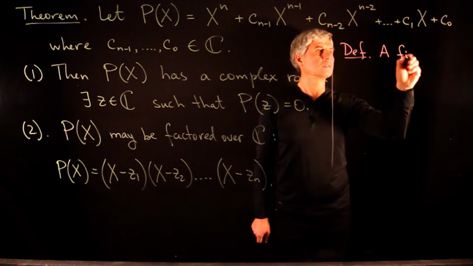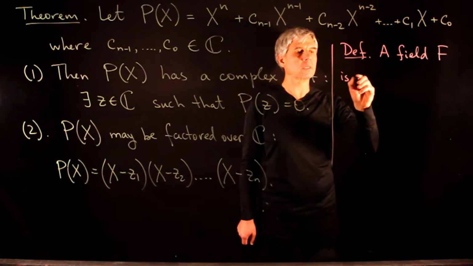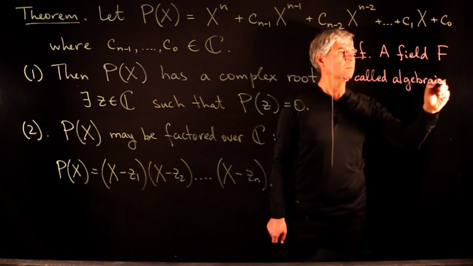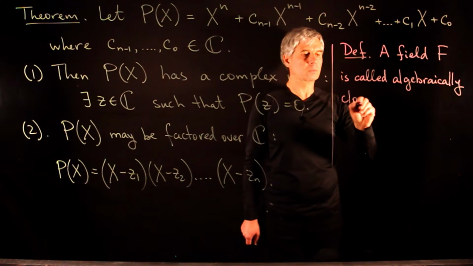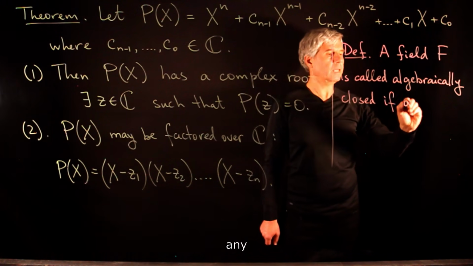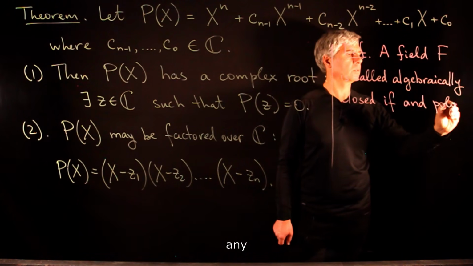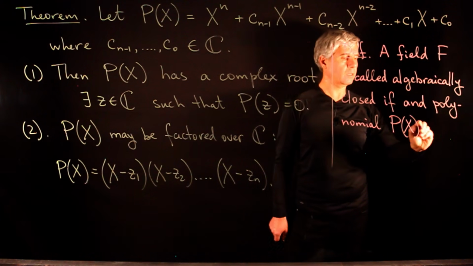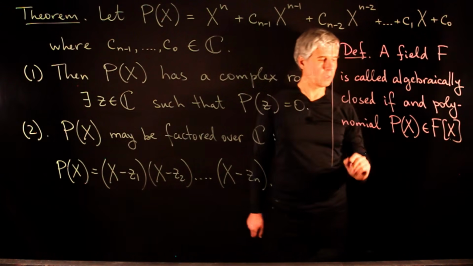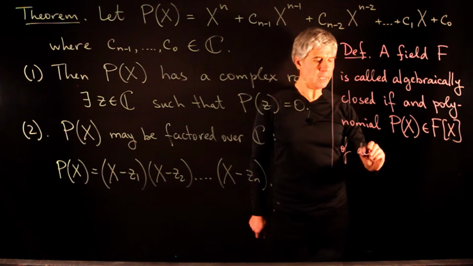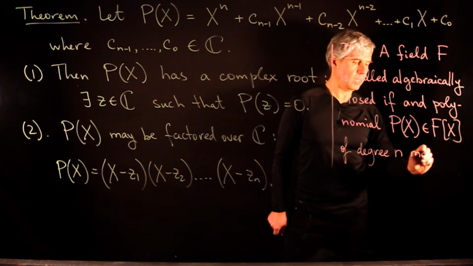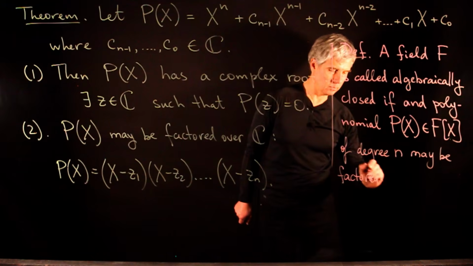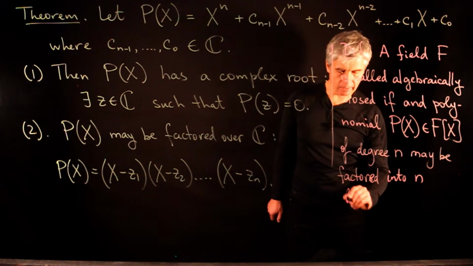A field F is called algebraically closed if any polynomial P of x in F of x of degree n may be factored into n linear factors.